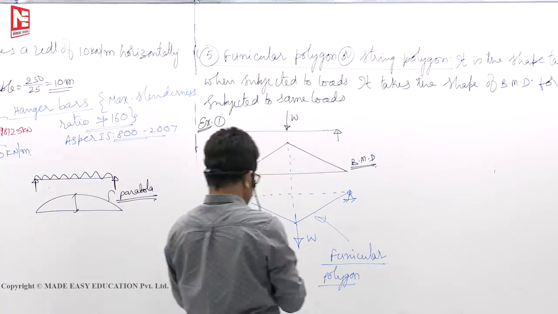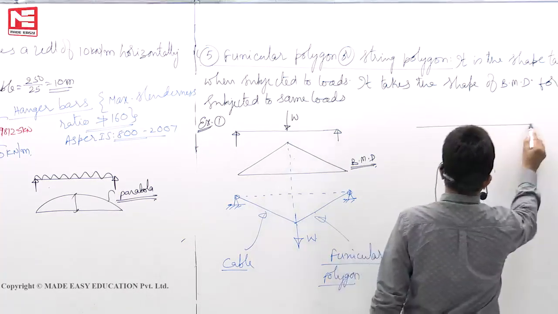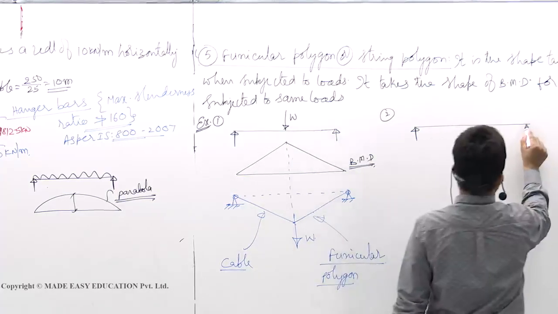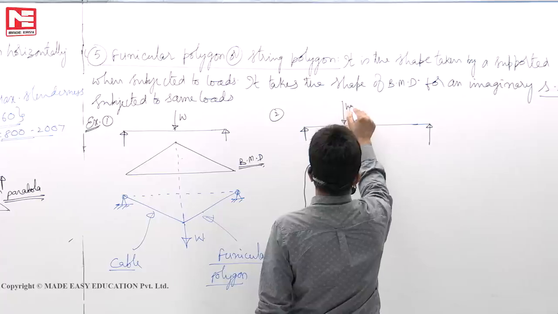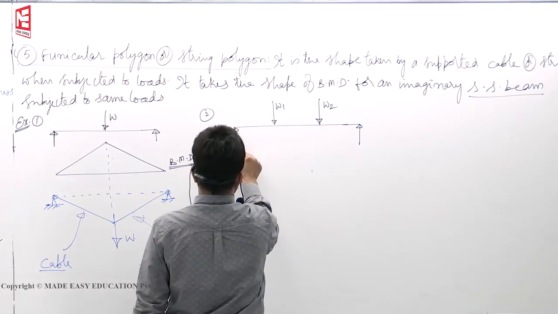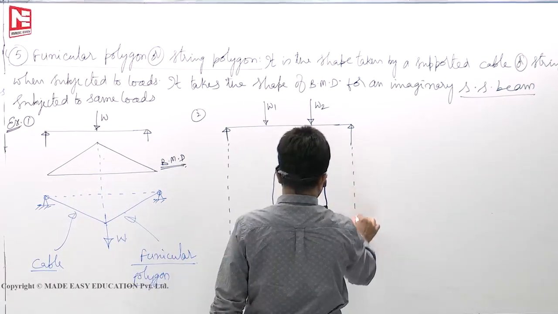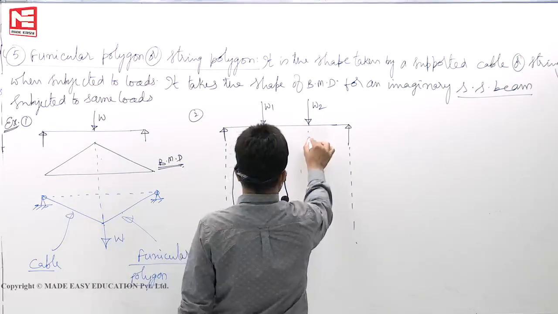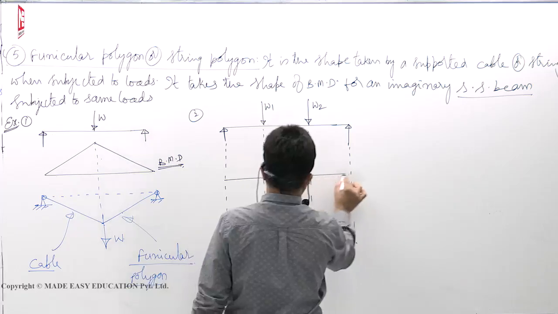Second example: assume that we have a simply supported beam subjected to two loads, W1 and W2.